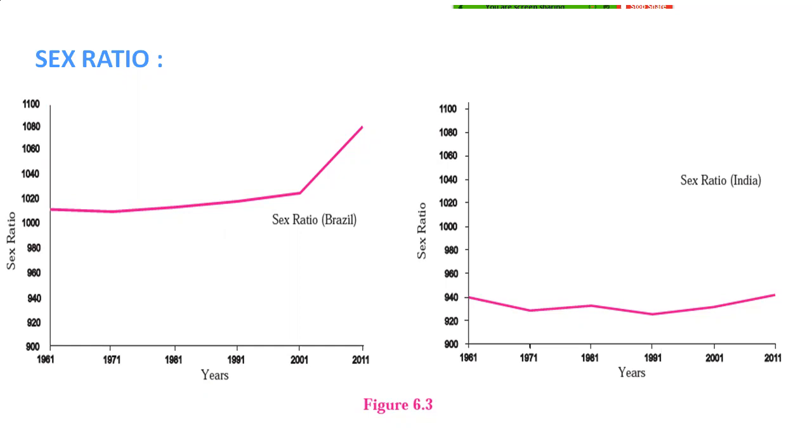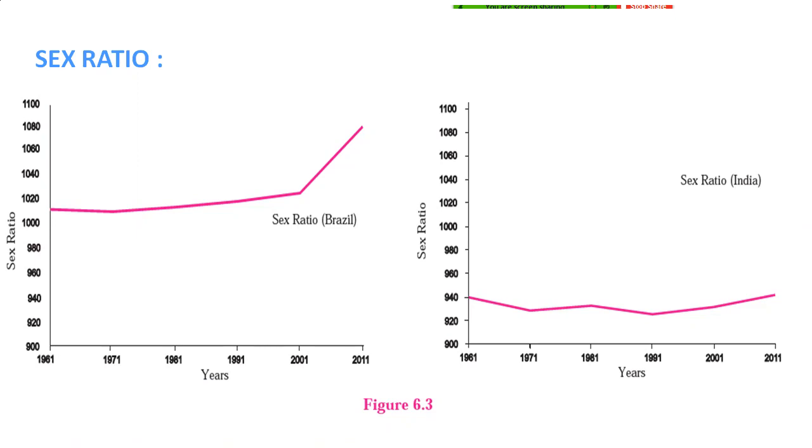If you look at the line graph showing the sex ratio in Brazil, you will notice that the sex ratio of Brazil has always been more than 1,000 females per male. That is, the number of women has increased, in 2001, to 1,080 females per 1,000 males. This situation is reversed in India. If you look at the line graph showing the sex ratio of India, the men outnumber the women.